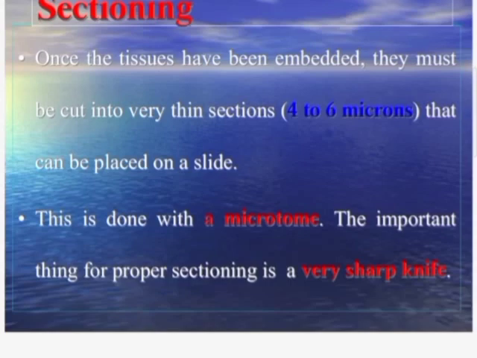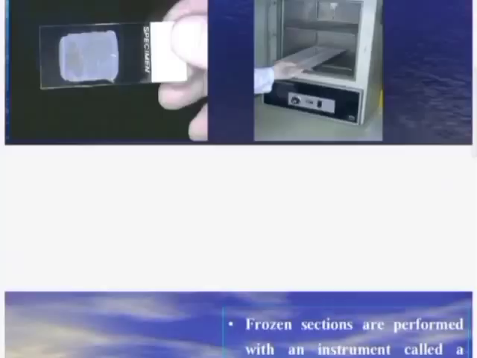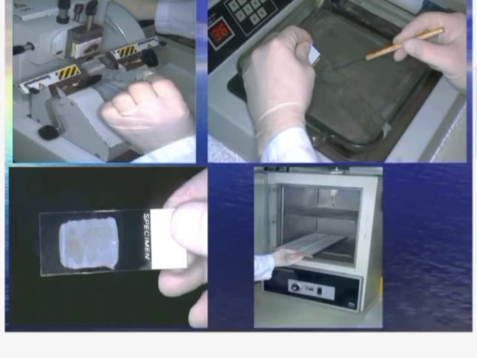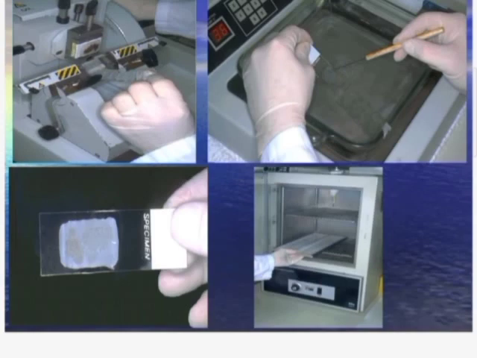Sectioning. Once the tissues have been embedded, they must be cut into small sections, and for this purpose we use this microtome. Now this is the microtome, and you can see that the block is fixed here, and then we will start the machine, and you can see this is one of the sections.